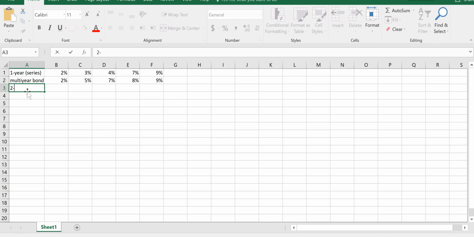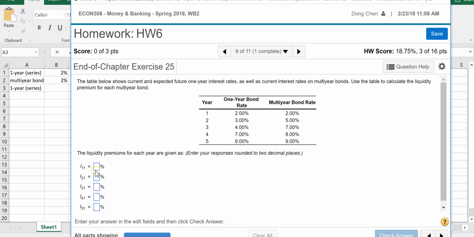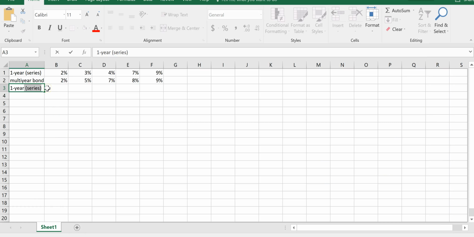So for the 2 year, let me just calculate that. Actually, let me do the 1 year first. If we go back to the blocks, that's the first one. So that's the 1 year. And the average of the 1-year bond is simply 2%. So 1 year, that's 2%.